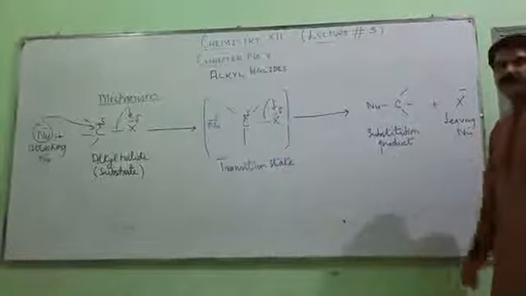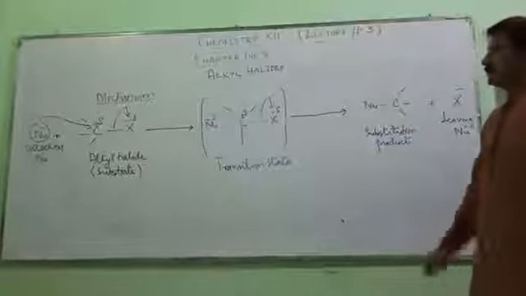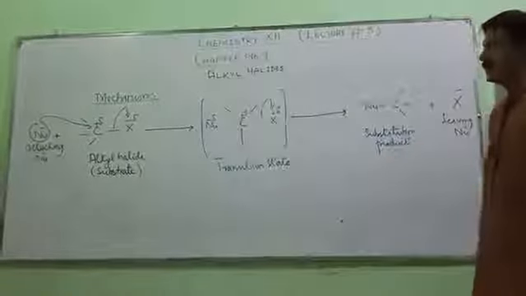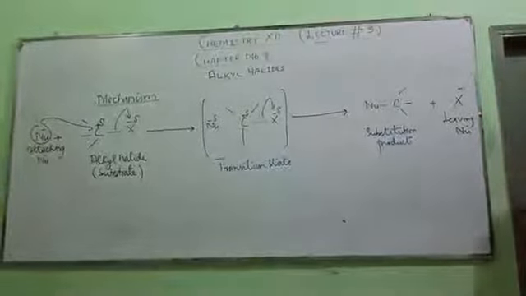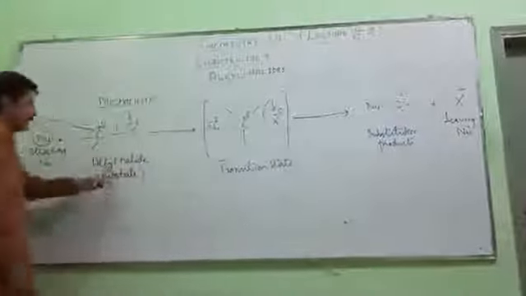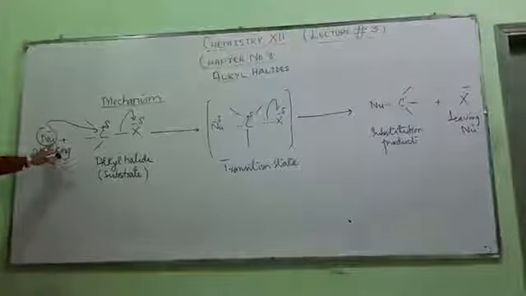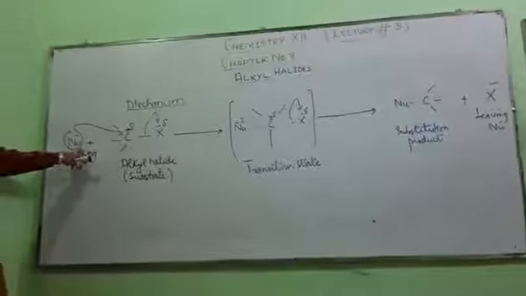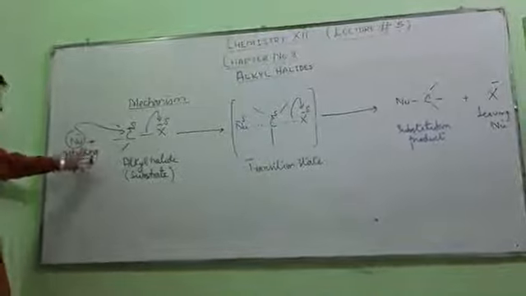Again, one thing you have to remember here is that the rate of SN2 reactions always depends upon both species, not only the alkyl halide molecule, but also the concentration of the attacking nucleophile.